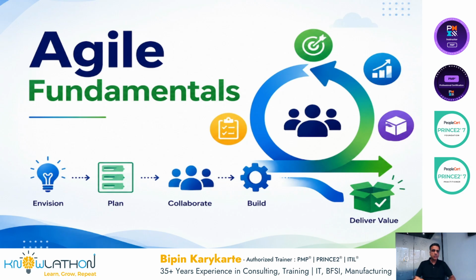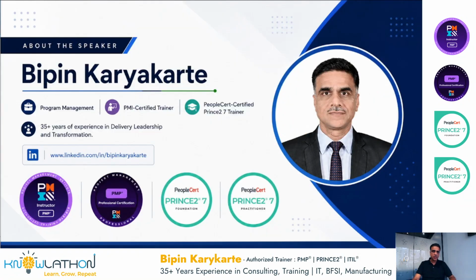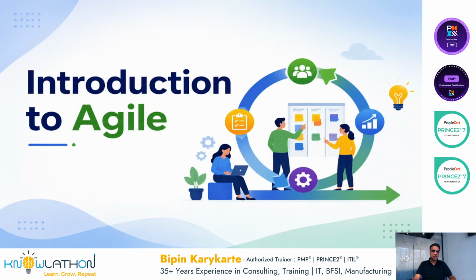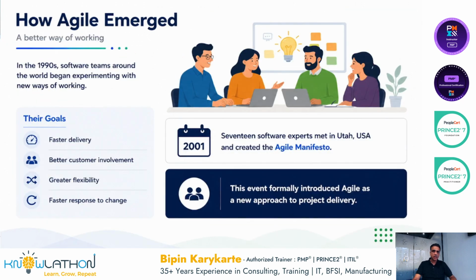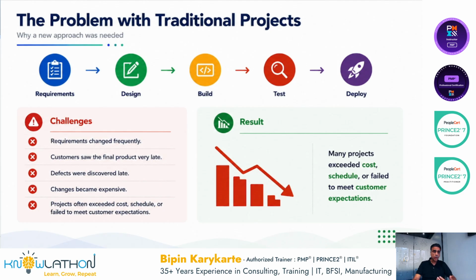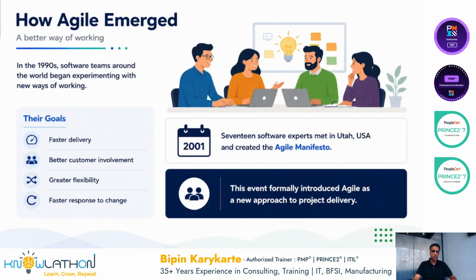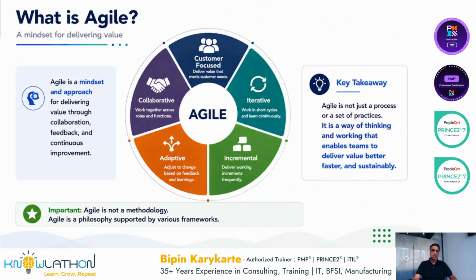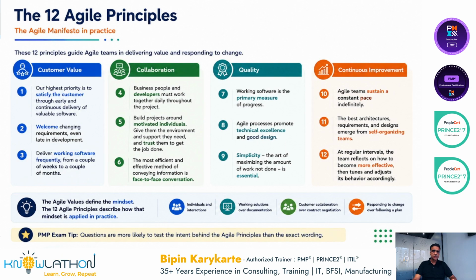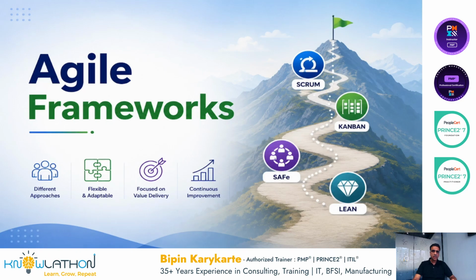Okay, so in the first video, we have seen the fundamentals of Agile. We have seen what are the different concepts, how Agile started, what was the problem with the traditional way of doing projects, and why the need for Agile was felt and how it came about. What is Agile as a concept, and the features or the characteristics of Agile, so Agile values, Agile principles, Agile frameworks.